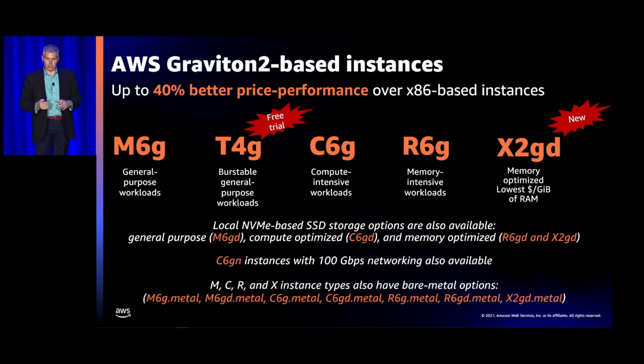So last year, we added the T4G, which offers you the lowest price and best performance for general-purpose workloads. And at re:Invent, we again launched C6GN with 100 gigabits per second of networking for compute-intensive workloads such as high-performance computing. And this year, we announced the addition of the GPU to the family using the Graviton CPUs with an NVIDIA-based GPU. That's that G5 that we talked about a little bit before, the G5G.